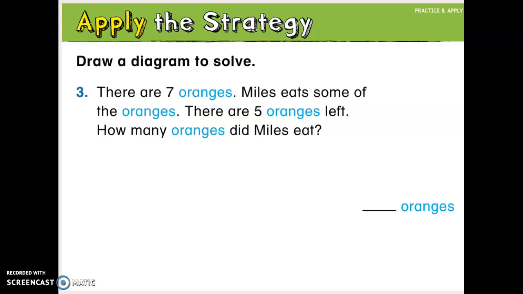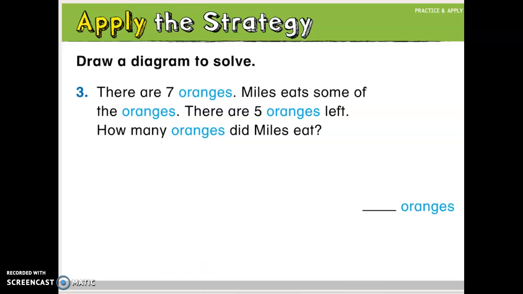Ooh, this is a little bit trickier because they're telling us that there's 5 oranges left. Now we need to figure out that missing number between what he had left and how many did he eat is what we really want to know. So I'm going to do this one with you. I'm going to get out my writing tool and we're going to go ahead and underline what we know.